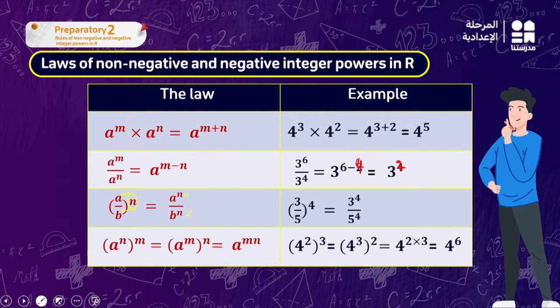For example, 4 to the power 2 all to the power 3 equals 4 to the power 3 all to the power 2. It's 4 to the power 2 times 3, so it's 4 power 6. So for power of power, we multiply.